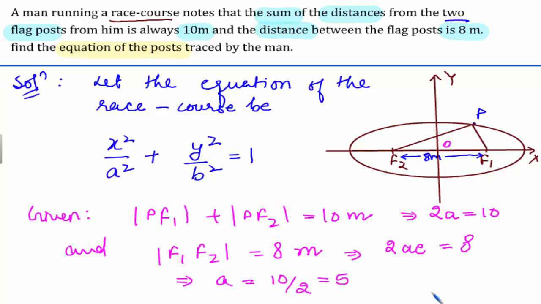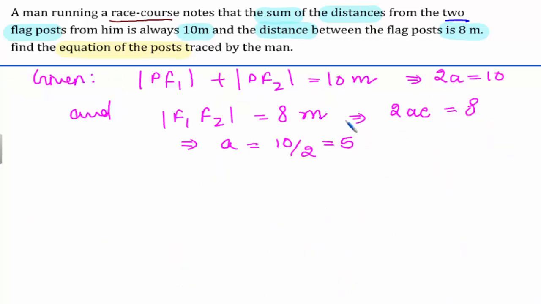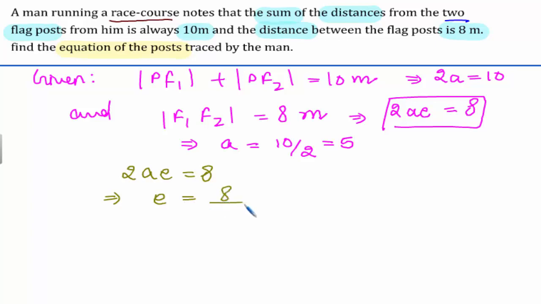And since 2ae is equal to 8, this implies that e is equal to 8 divided by 2 into a, and a is 5, so 2 into 5 is 10, which gives 4 by 5.